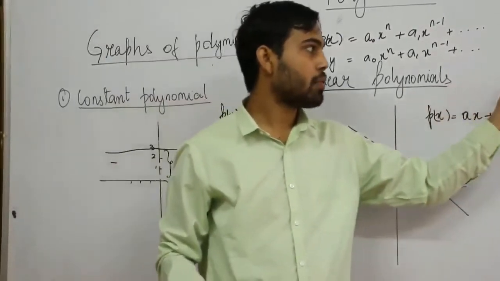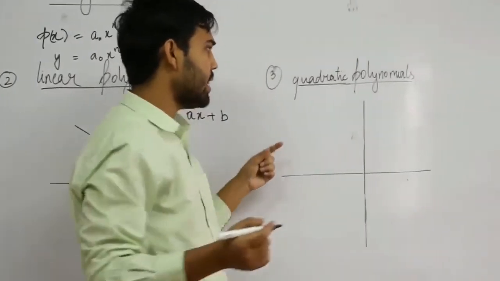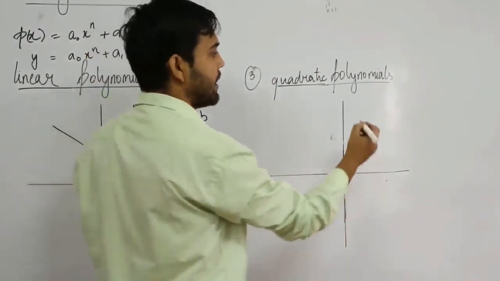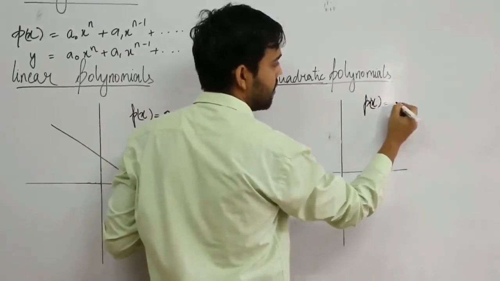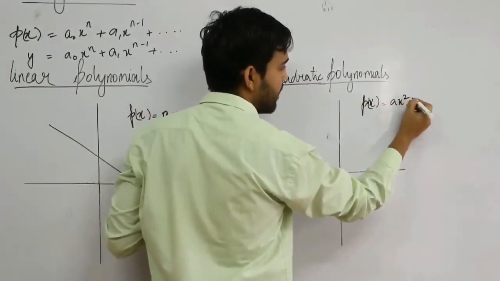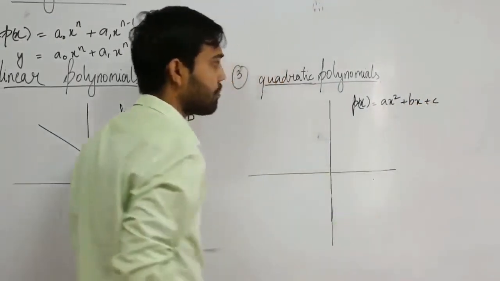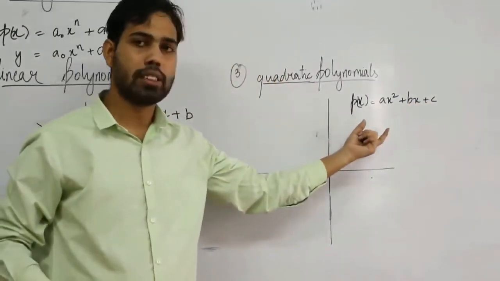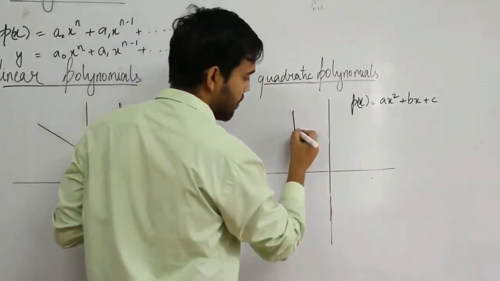Now what about a quadratic polynomial? If I take the polynomial p(x) equal to ax square plus bx plus c, we understand that this is a quadratic polynomial. So how will the graph look? It will look something like this.